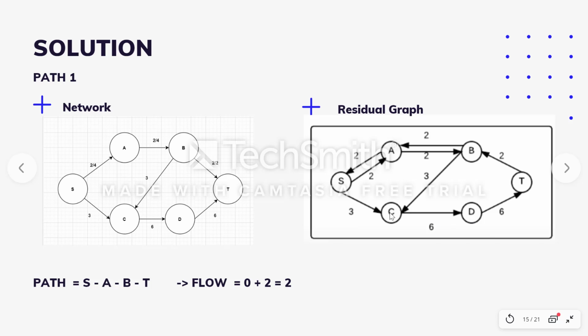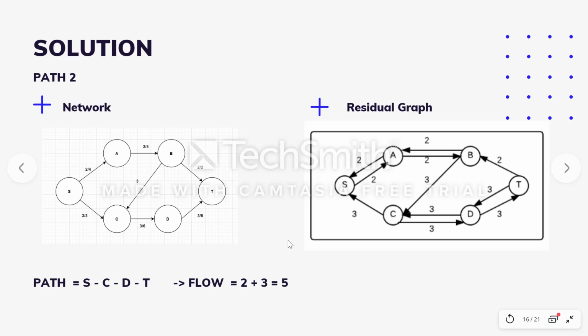For C, there are two possibilities, from S or B, but because S is shorter, I'm going to use S. Since the edge from S to C is equal to 3, the minimum number on this augmenting path, we're going to use this 3.